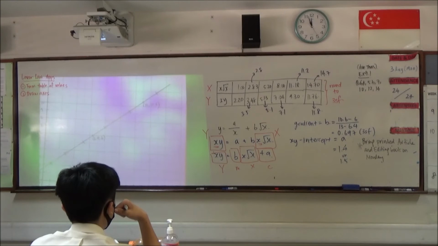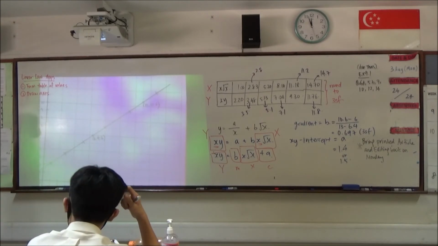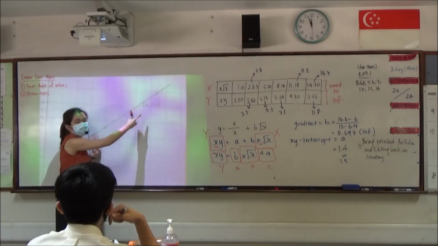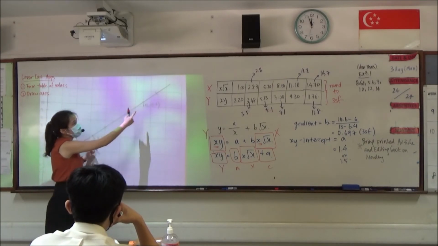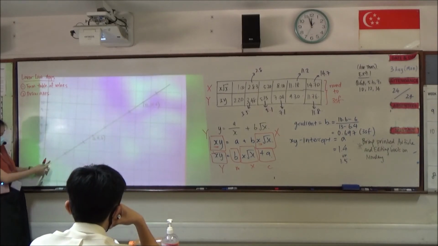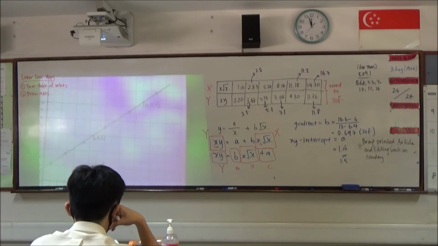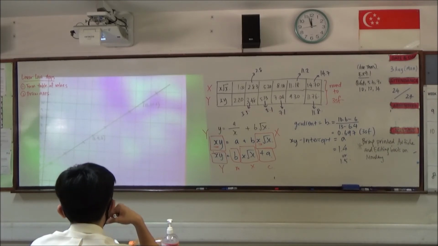Anybody else have questions regarding why I choose these two? You do not need to choose these two, you can choose other points. I saw Wena's just now, she is able to find one that is further away, at maybe 3.6 and 4.